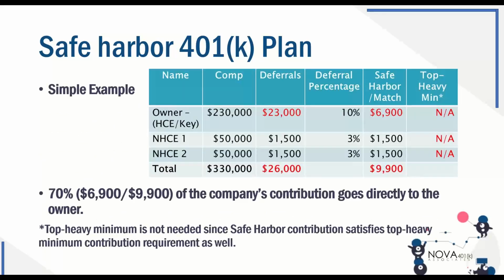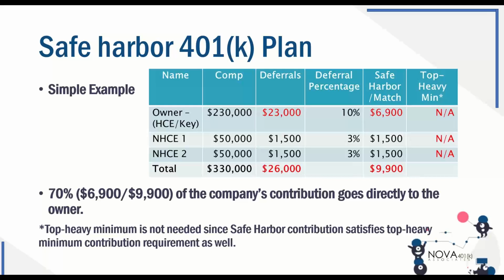So here's a simple example. Most people are familiar with this kind of plan, a 401k plan with a 3% employer match. The sponsor matches dollar for dollar for the first 3%. We've got the owner who is an HCE and a key employee, which relates to top heavy testing.